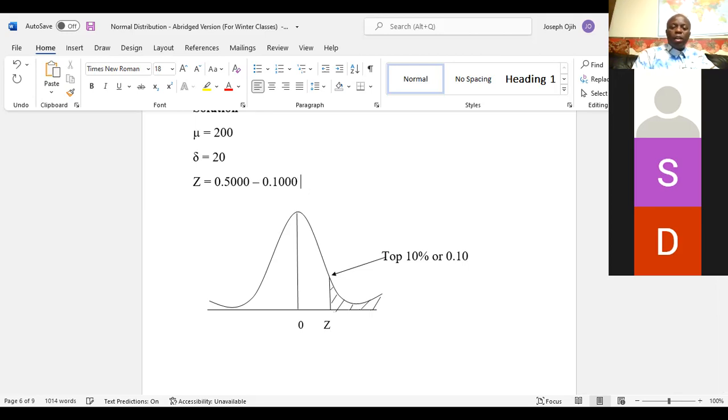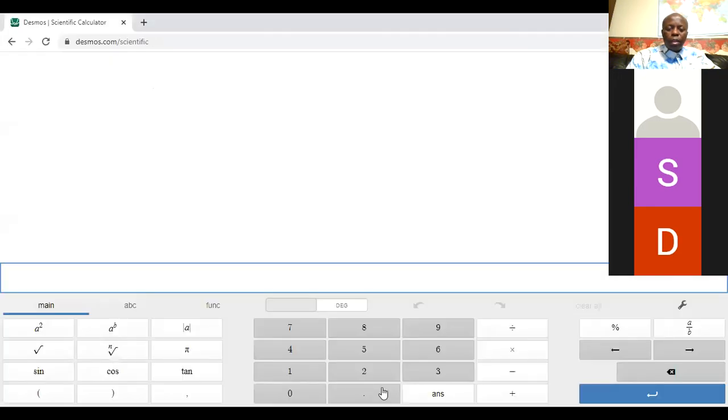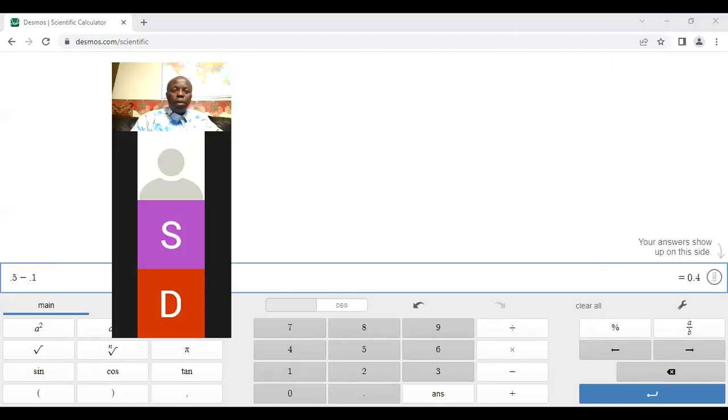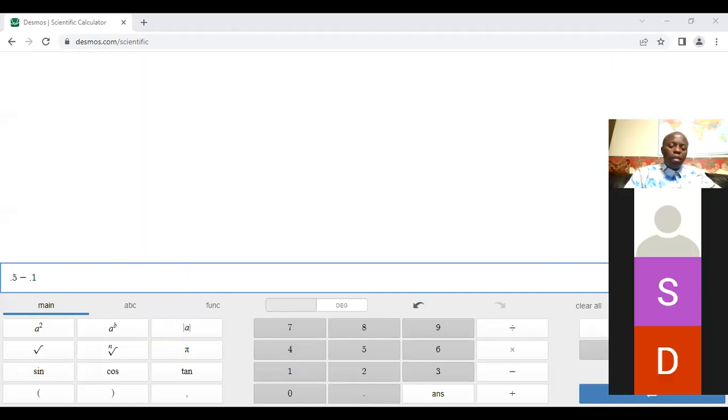So that gives us, from our calculator, 0.5 minus 0.1 will give us this answer, 0.4. I write 0.4000 because there are 4 digits in all the values in the table of normal distribution.